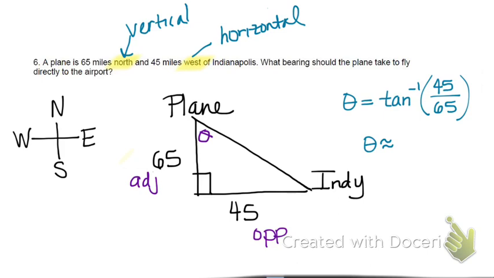And you should get that theta is 34.695 degrees. But remember, with the bearing, you have to include directions.